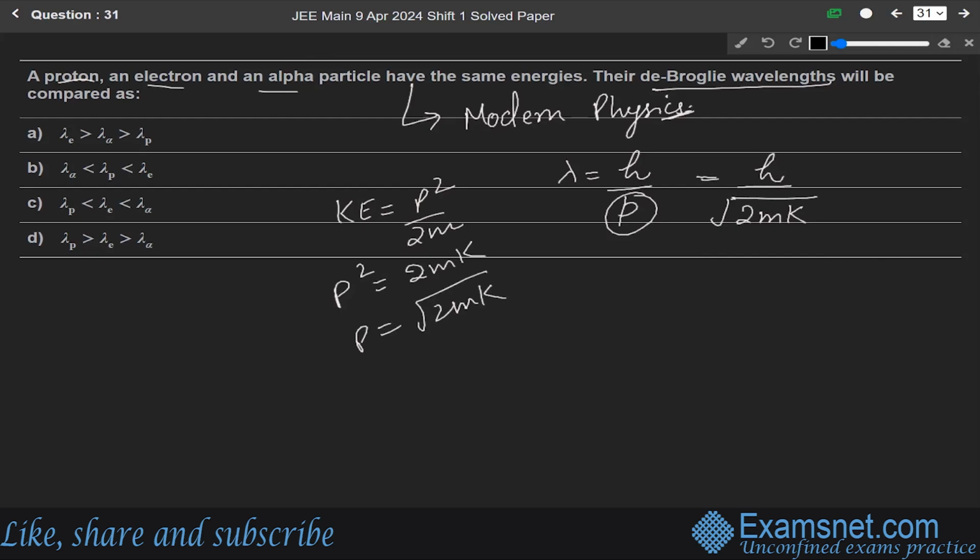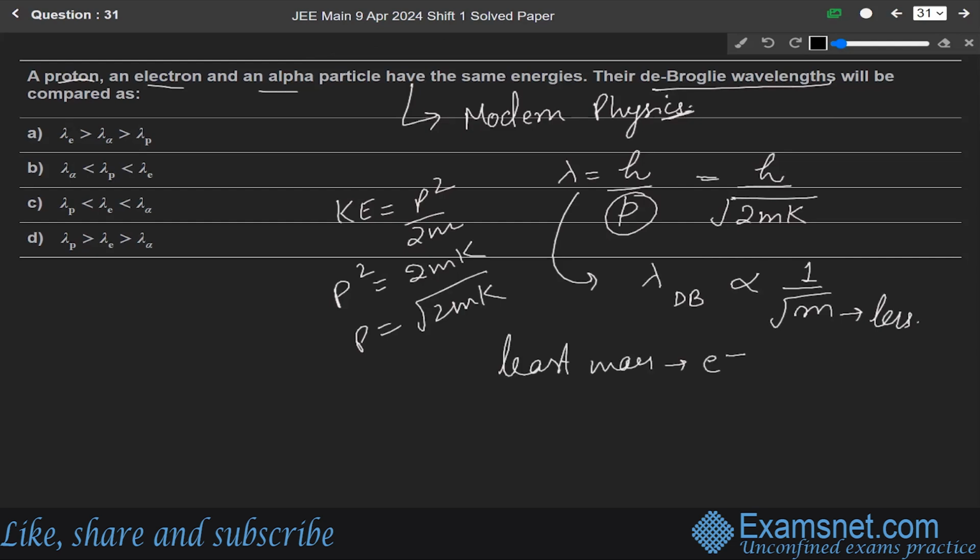So from here we see that the de Broglie wavelength is directly proportional to 1 over under root of m. So it depends on the mass of the particle. As we know, in the case of proton, electron and alpha particle, the least mass is of the electron.